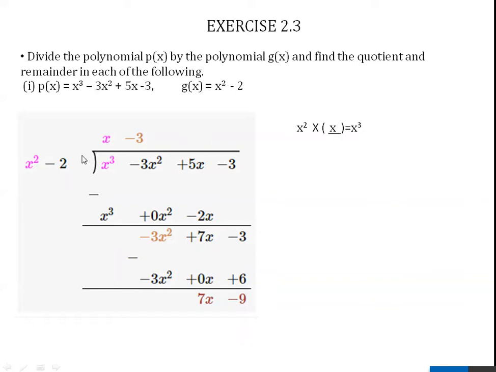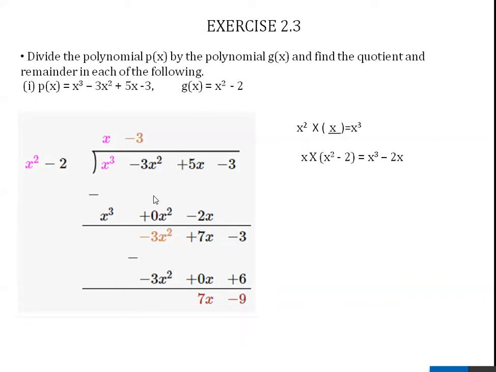So this x we have written here. x into x square minus 2, we get it as x cube minus 2x. Students, here x cube minus 2x, but here you have an x square term. Since you don't have an x square term here, you will put 0x square. So x cube plus 0x square minus 2x.